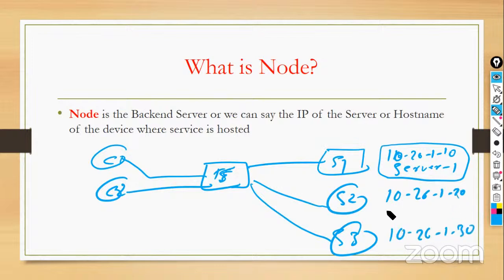But whenever you are using the server plus service, what is it called? It will be called your pool member, right? So how do we have the flow?